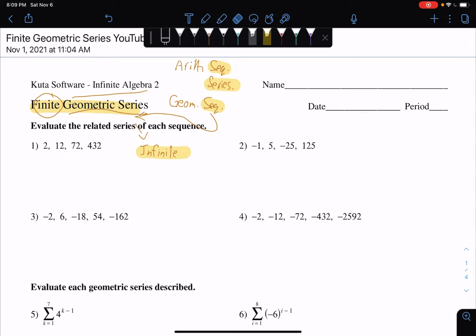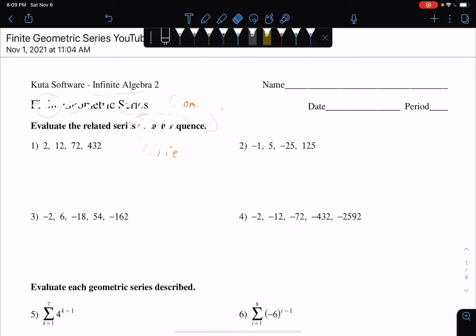I hope this doesn't confuse you for now, because we'll be tackling for the most part all about finite geometric series. So let's start with number one.